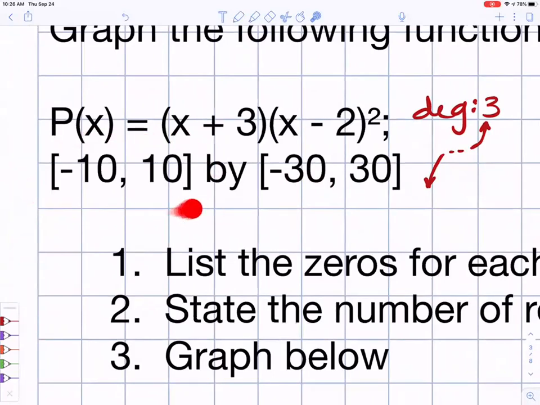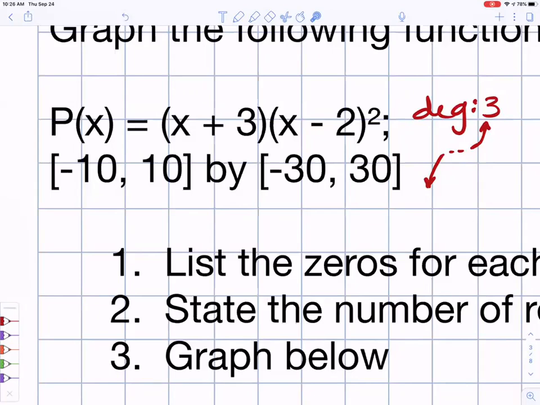This first piece is your domain, so these are your x min and max. And then the second is your y min and max. That's your range. Now, if your y is going to be that stretched out, I would probably use a y scale of like 5 maybe or 3.